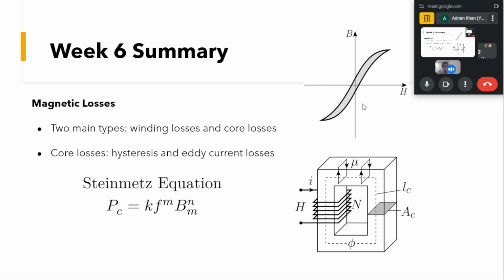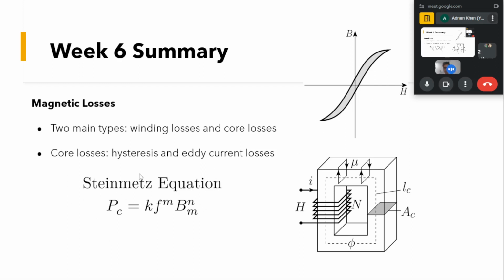So this will increase our losses, as you can see, where m is some factor, by which f is raised. So the higher the frequency, the more the core losses will be. Also, if we have a higher peak value of Bm in this curve, our core losses will also increase.